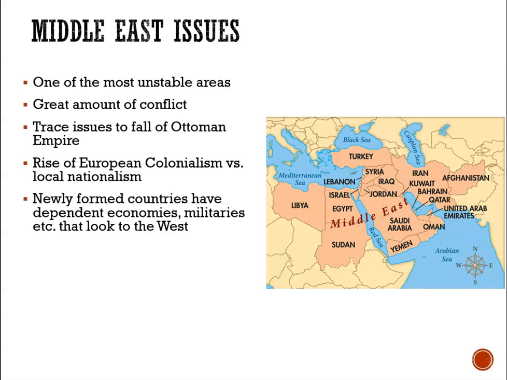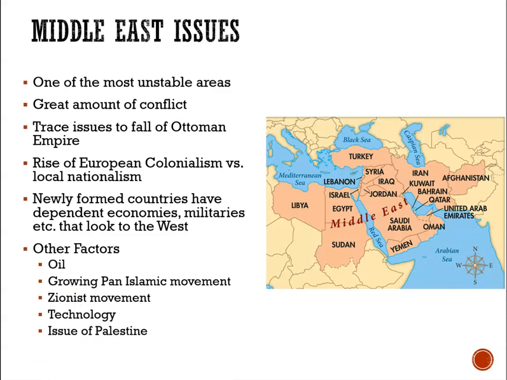So there were a lot of newly formed countries in the Middle East that had economies dependent primarily on the West. Their militaries looked to the West. Other factors that we need to consider are, of course, oil. A growing pan-Islamic movement.